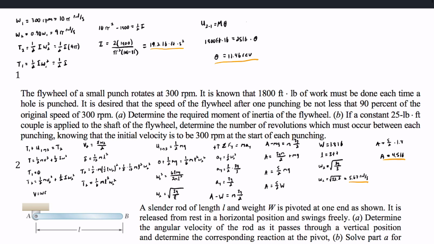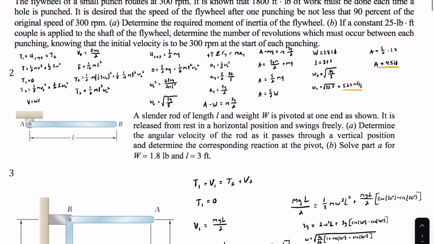And then for problem 2, T1 plus U1 to 2 equals T2. T equals half m v squared plus half I omega squared. T1 equals 0. T2 equals half m v2 squared plus half I omega 2 squared. V2 equals L omega 2 divided by 2, and I equals 1/12 mass L squared.